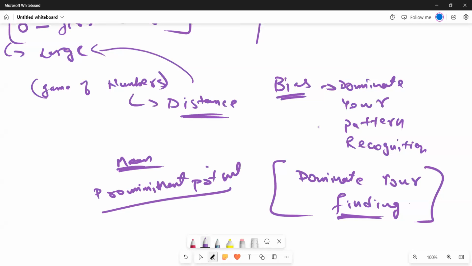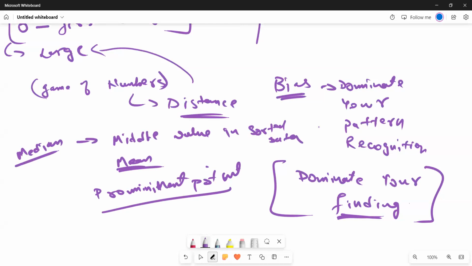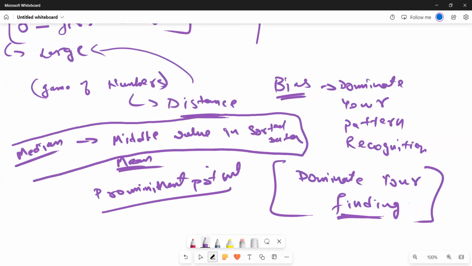I can shift it to the median as well. That is not a problem. What is the median? Median is basically the middle value in the sorted data, right? But shifting the reference point to the middle value will not solve my problem. Why will this not solve my problem?